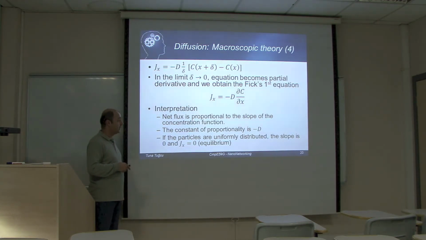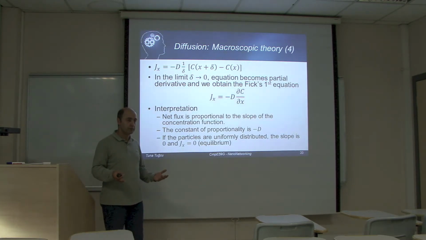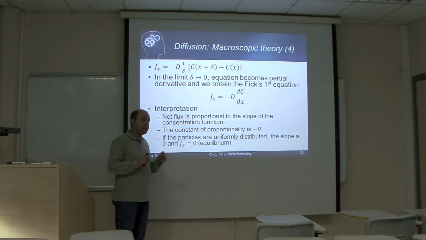And if the particles are uniformly distributed, the slope is 0, because the concentration at both points would be the same, and therefore there would be no flux, which means there's equilibrium. Pay attention when I say equilibrium. This is an equilibrium at the macro scale. That means the concentrations would be the same.